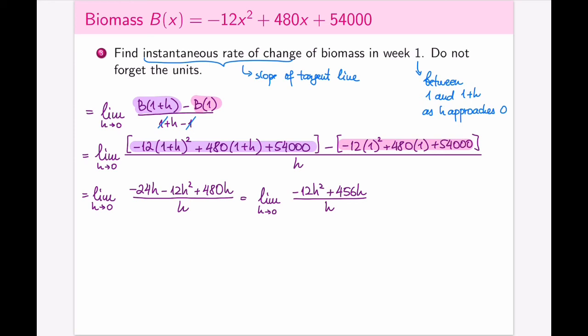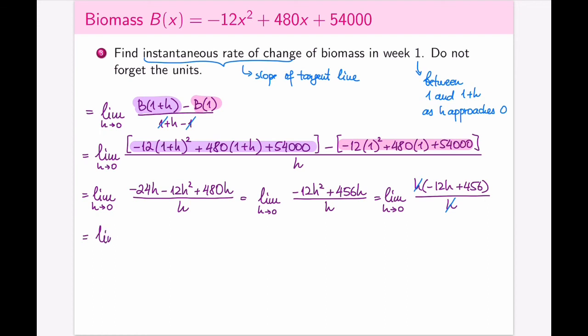Be careful here as well. What I see happen a lot is people cancel these two h's, which is wrong. You can't cancel from just one term on the top. You have to deal with the entire numerator as a whole. So the only thing I can do at this point is actually factor out h from the top, h times (minus 12h plus 456), divided by h, and now that h is a factor of the top, I can actually cancel it out with the bottom h.